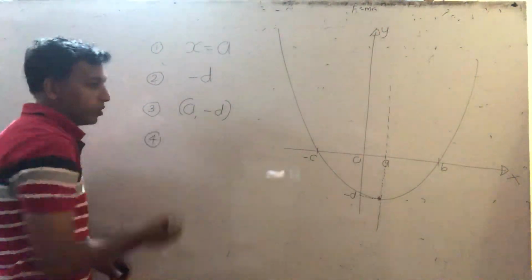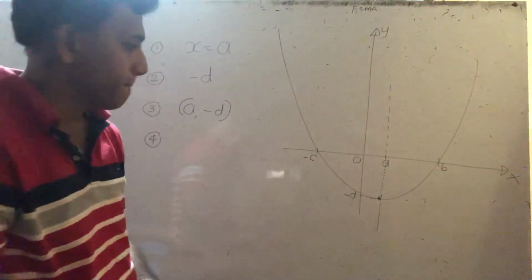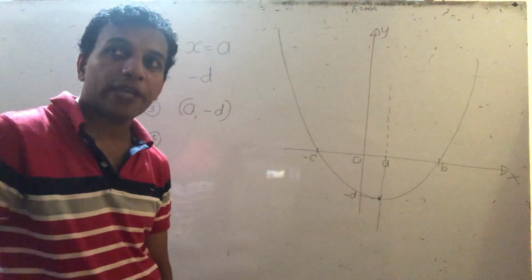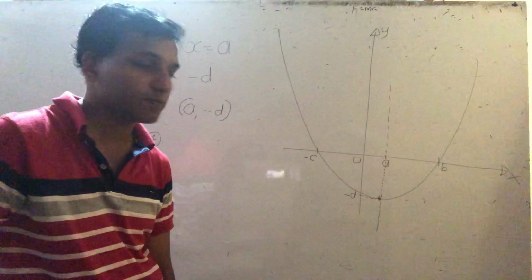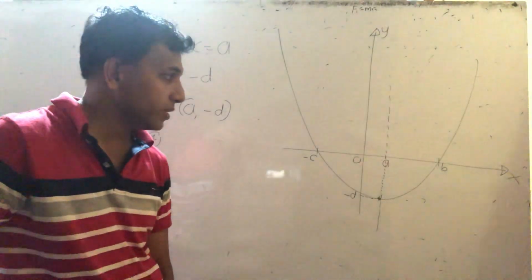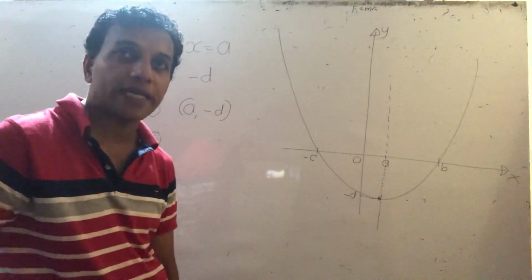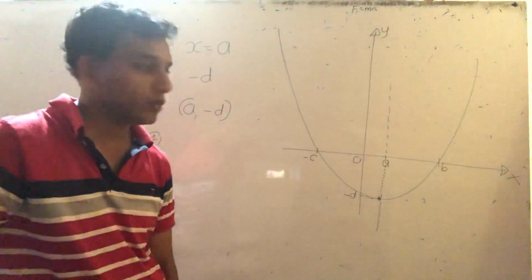Right, fourth part. Write the range of x where the function is negative.